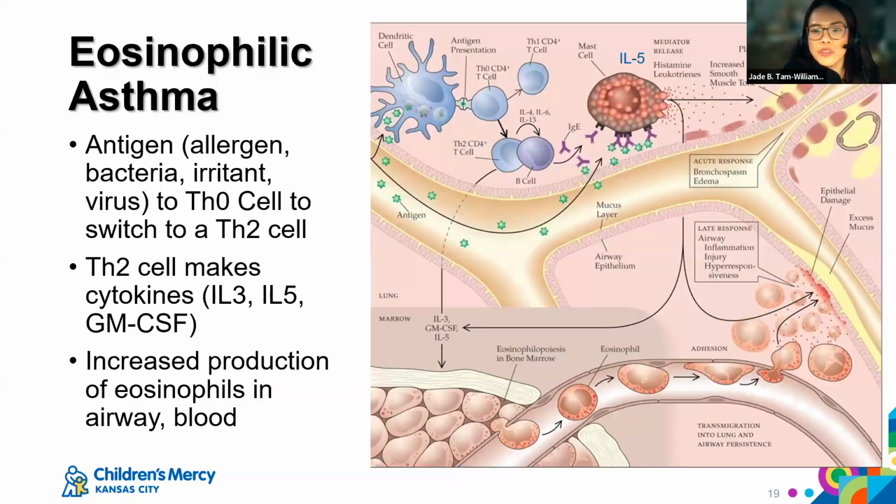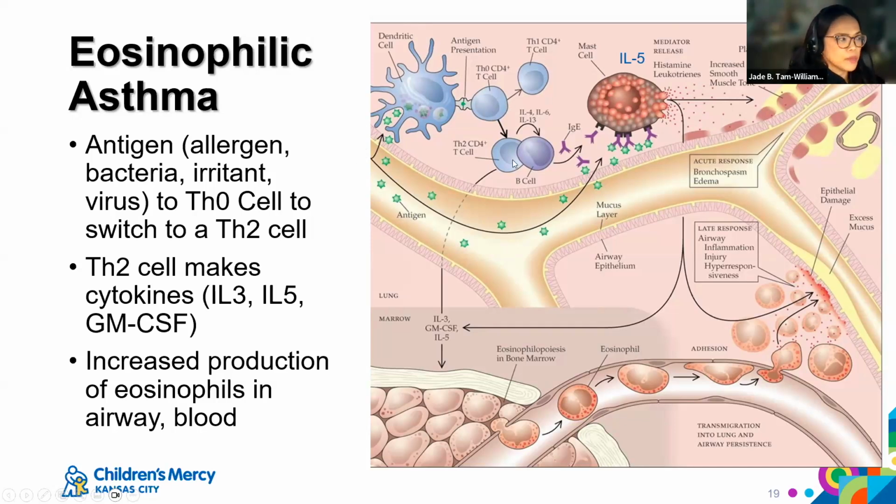Okay. So to tie it all back, when we think about eosinophilic asthma, here's a picture that sort of puts it all together, which I really like. In eosinophilic asthma, there is some antigen. It presents to these dendritic cells, which starts the process of these Th0 cells switching into a type 2 cell.